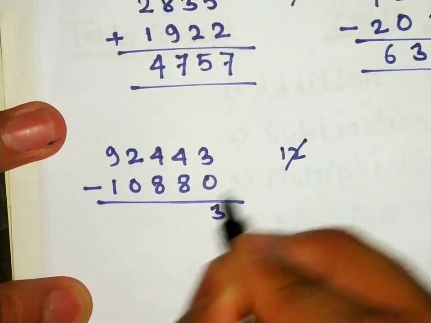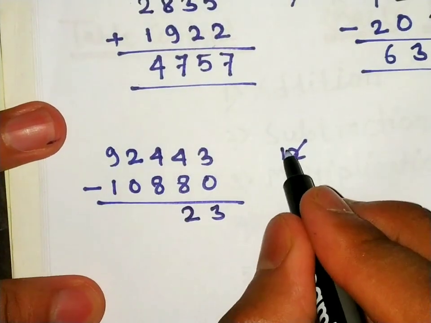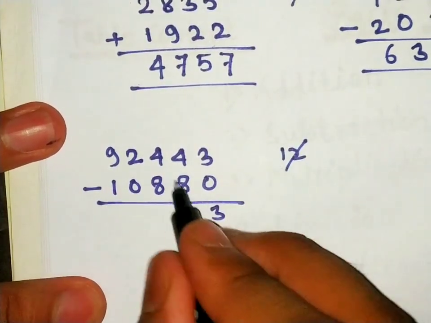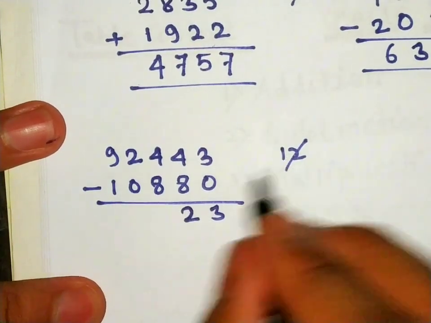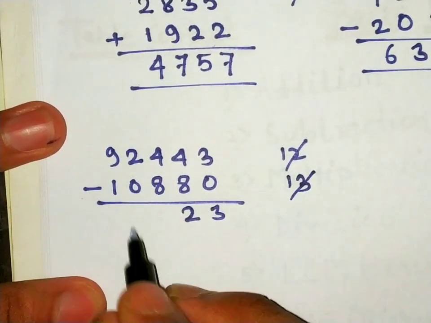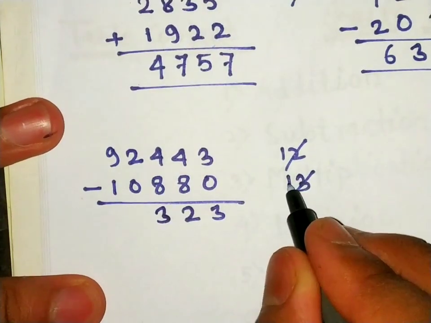Here 12, I put 2 here and carry 1 is left. 4 plus 8 again 12, with 1 carry 13. 13 here, right, note down 3, carry 1 left.